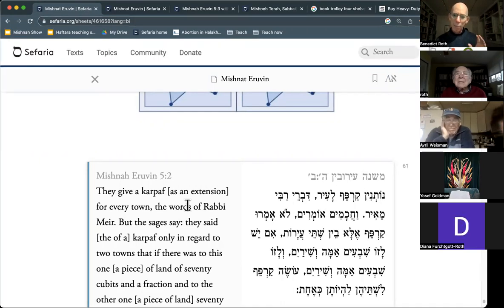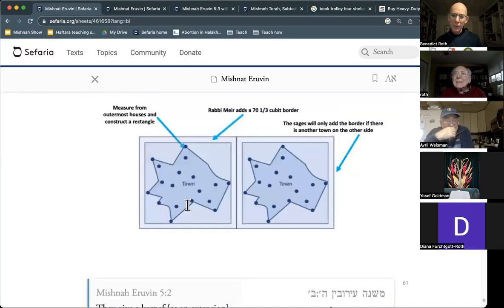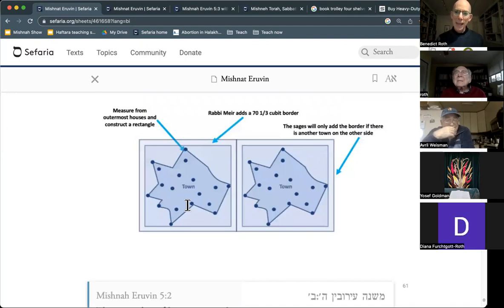The sages say we only add a karpaf if there were two towns and each one had 70 1/3 cubits around it. And then the sages say, Osin karpaf lishtehen liyot ke'echat. In that case, let's have a look at the sages. So the sages will add this 70 mark border if there's another town, let's say next door.